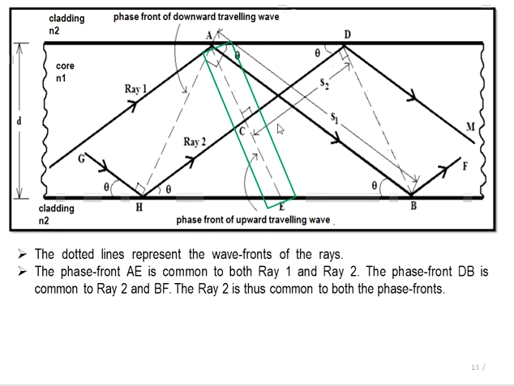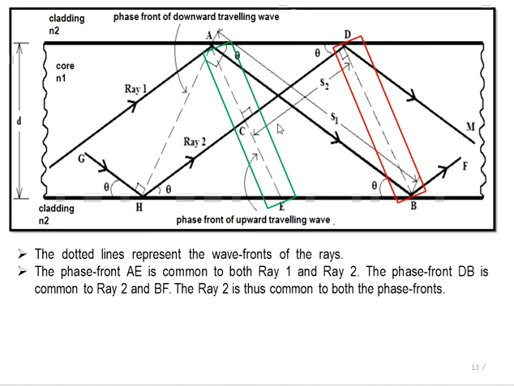As you can see, ray 1 and ray 2 are parallel to each other, so the wavefront AE is common to both. There is another wavefront DB, which is common to ray 2 and the reflected ray BF. Since again these two are parallel, they will have a common wavefront DB.